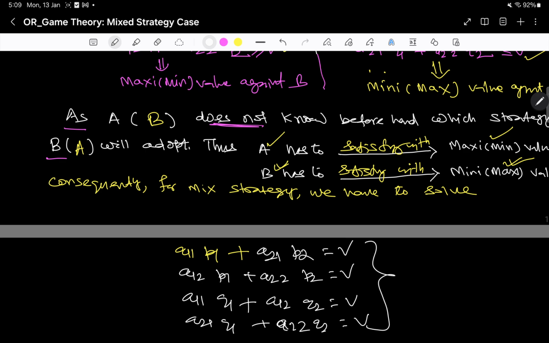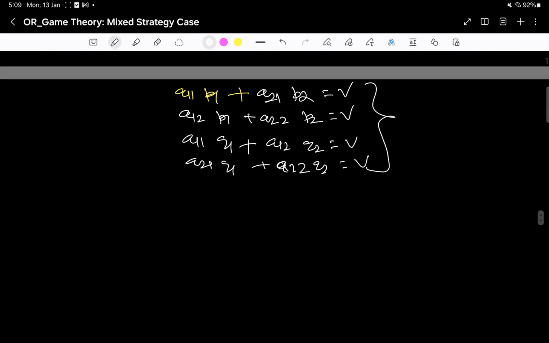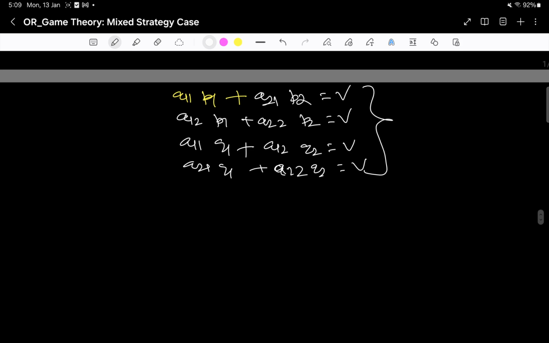Solving these four, we have the answer like this, so we just need to remember this.